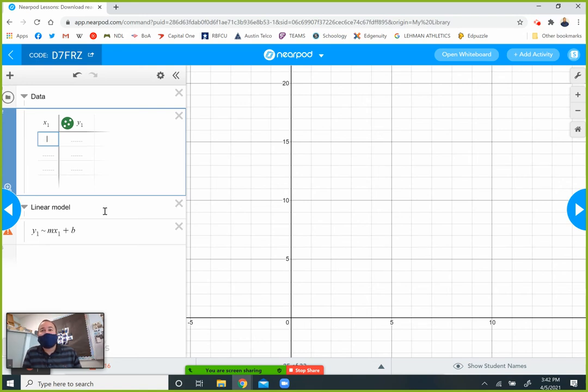So it tells you what m is and it tells you what b is. So write those down real quick. And write down R. You got 10 seconds because I'm going to move on.